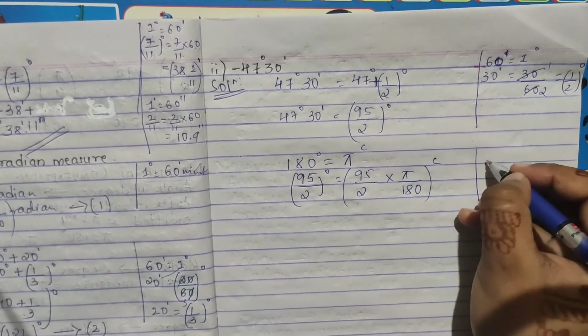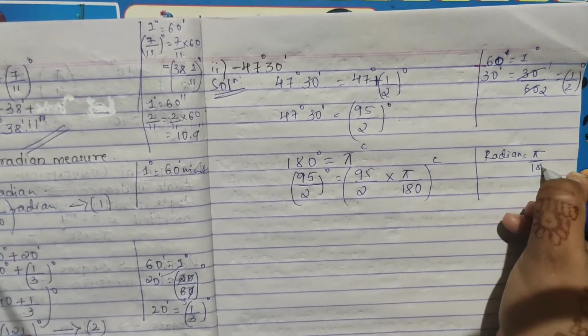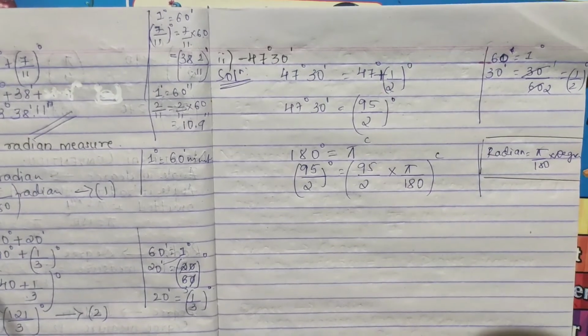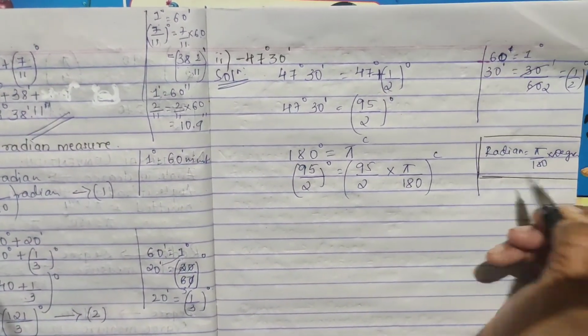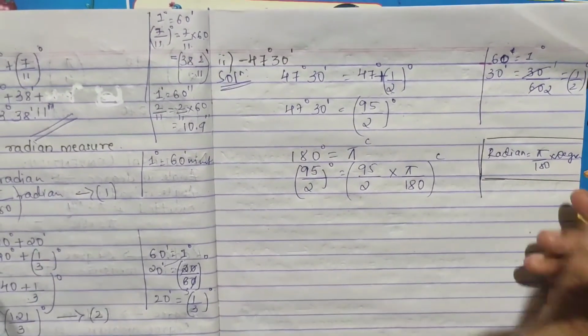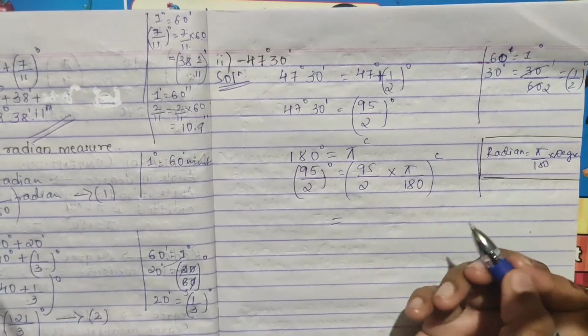You know that form, right? If you are converting into radian, it will be pi by 180 into degree measure. If you get confused how to convert, you can remember the converting formulas which I gave at the start. At the end, just write the actual value, how much you get. Okay.